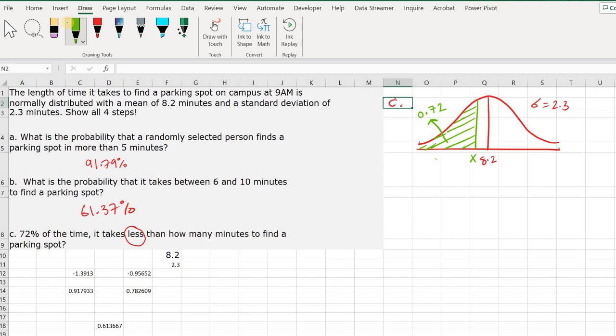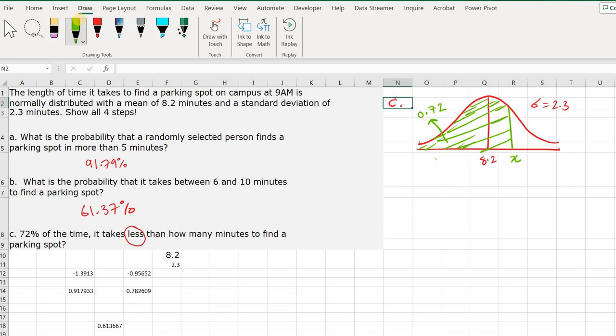So the x here is representing the number of minutes it takes. It could be bigger than 8.2. It is actually, because 72% is more than 50%. So let me make this more accurate. 72% is bigger than 50%. It's approximately here. And that should be x here.